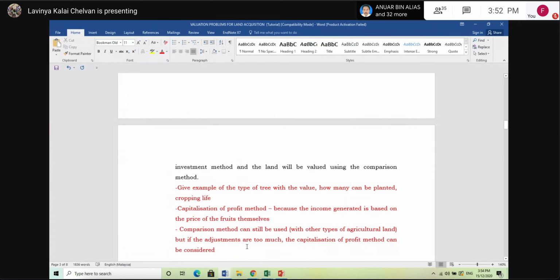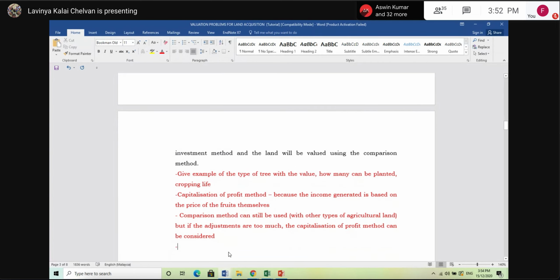You get my thinking, Lavia? Yes. Ming Yao? Yes, but doctor, do we need to give an example for this? It's good to always give the example, to make sure that you really understand. I like the student to give the example, to show that he or she really understands the problem.